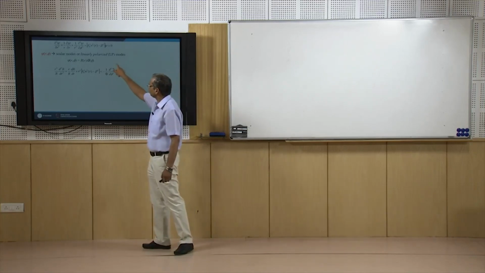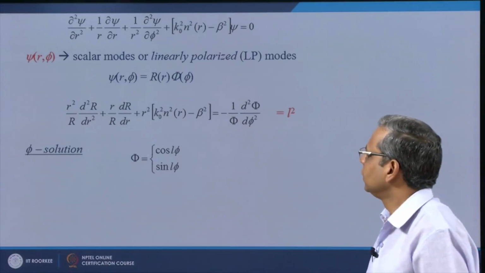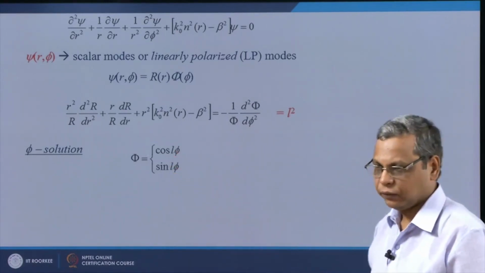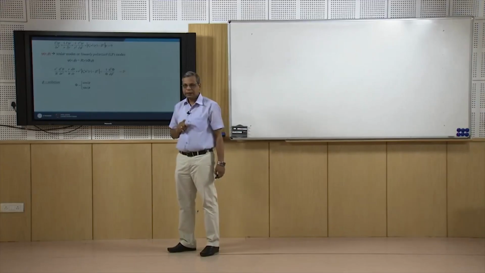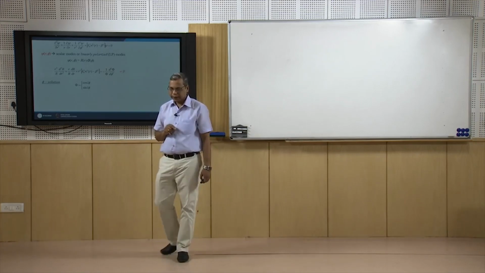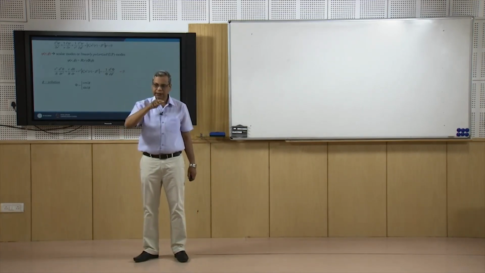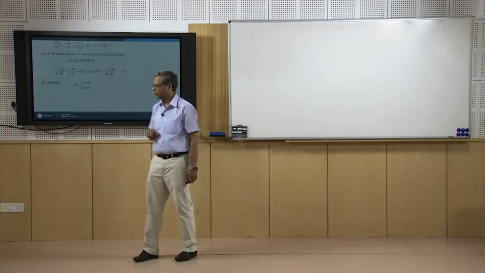So, first let me solve this phi part, and the phi solution comes out to be cosine L phi and sine L phi. I make use of the fact that in the phi direction the solutions are periodic. So, you start at some phi and then you make a round of 2 pi, you come back to the same point.